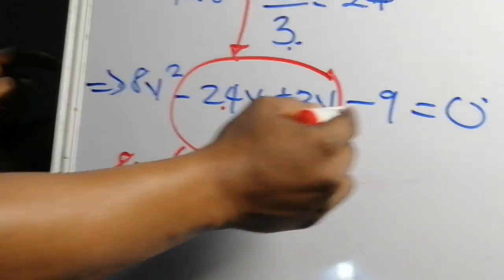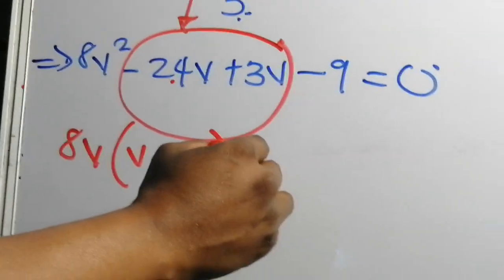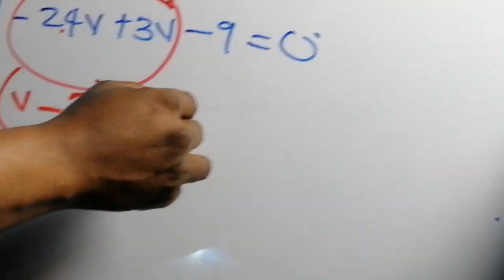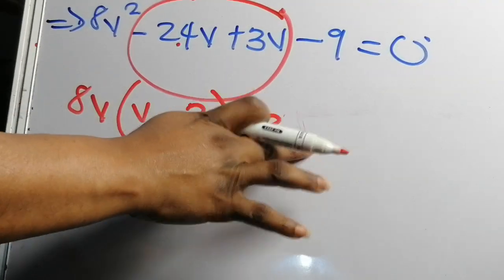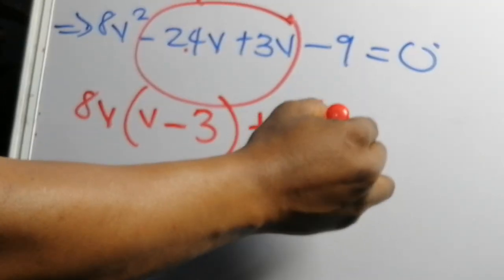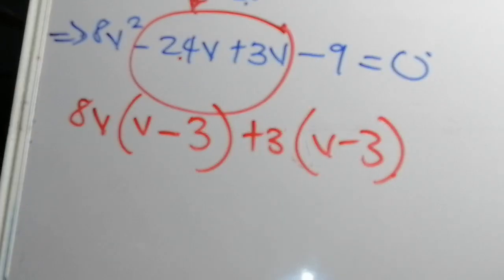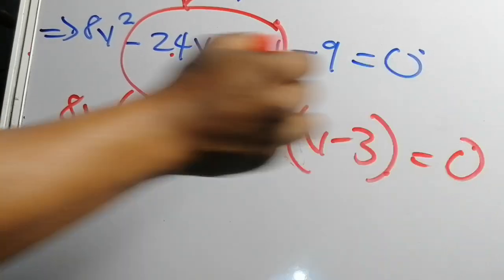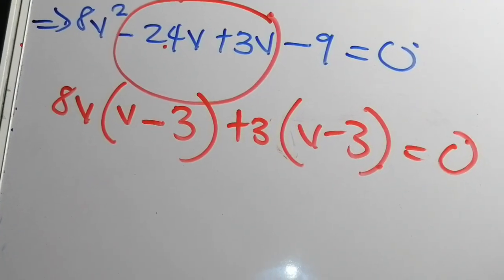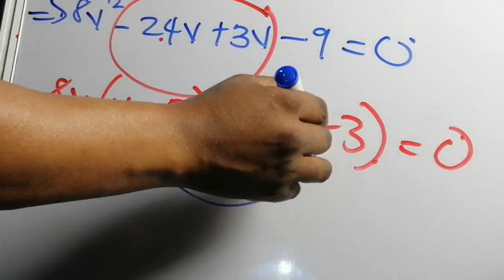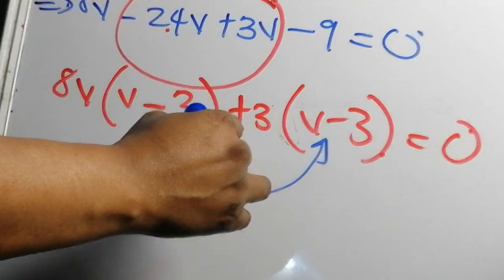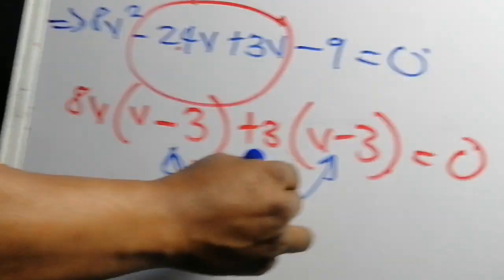And don't forget, what you have here, you must repeat it at the second part. So if you look at it here, 3 will come out, then you now have v minus 3. Very important. So just know that in factorization, what you have in both brackets must be the same.